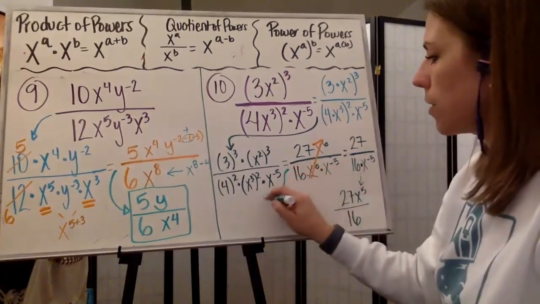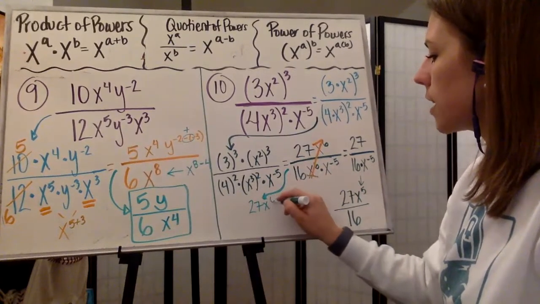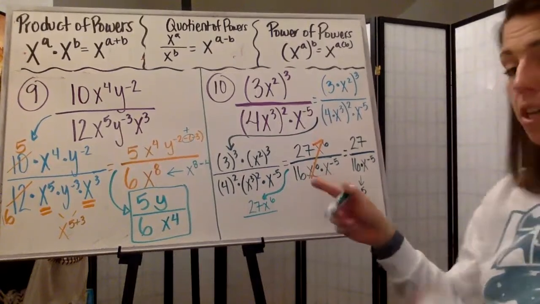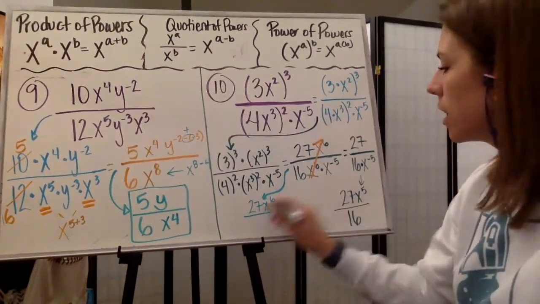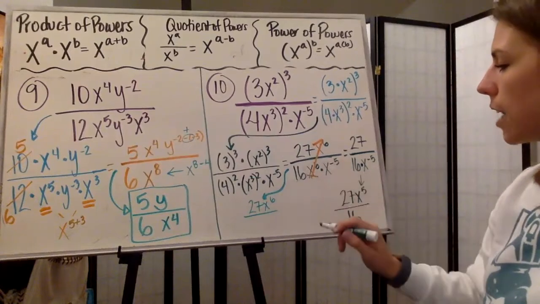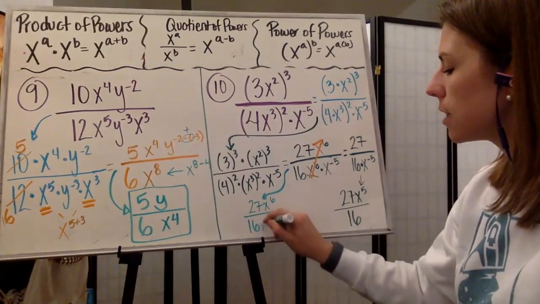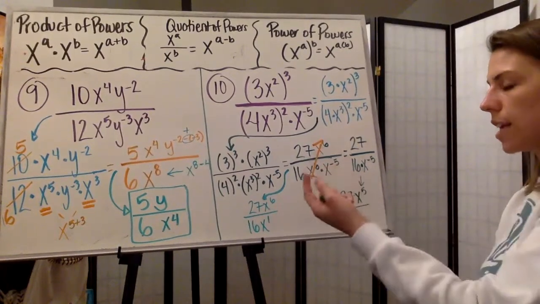The other way you could have done this, so I'll do a slightly different shade of green, right? So we were down here. We had 27x to the 6th in the numerator. The other way you could have done this is that this is just a product of powers. So I could have just done 6 plus negative 5. So really that would have been 16x to the first power, because 6 plus negative 5 is 1.